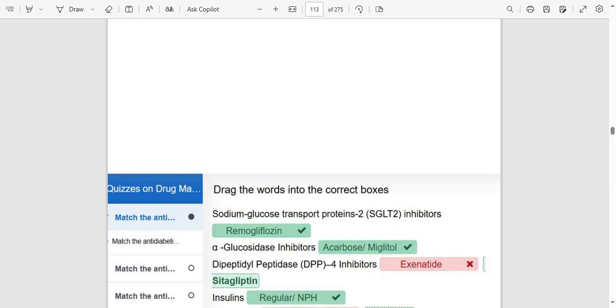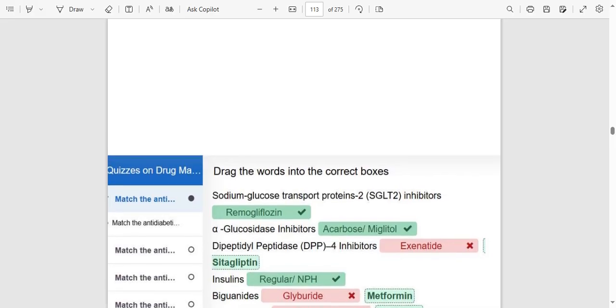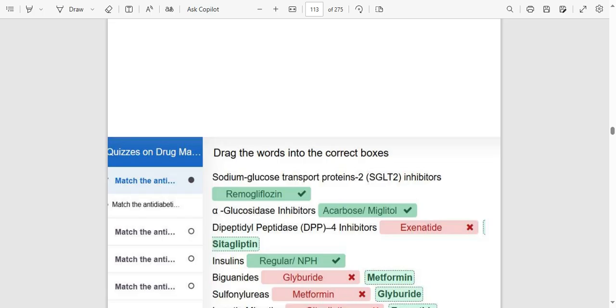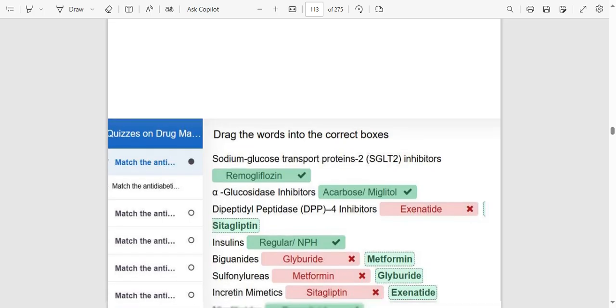Sitagliptin is also an incretin. And then insulins, we have the regular, and NPH. Biguanides, we know the prototype, metformin. Sulfonylureas, glyburide, and then incretin mimetics, exenatide.